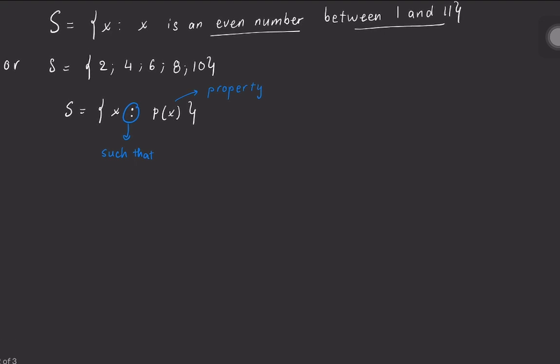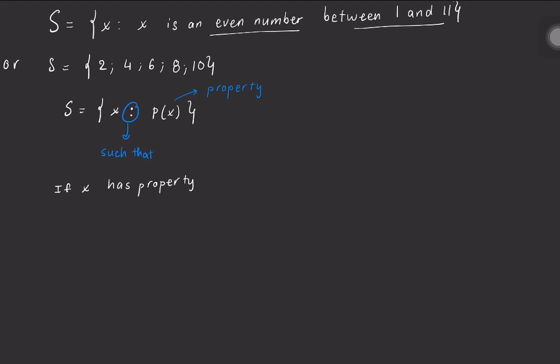So if x has property P(x), we denote it as x belongs to S. And in the opposite way, if x doesn't have the property P(x), we denote it as x doesn't belong to S. That symbol right here denotes "belongs to".